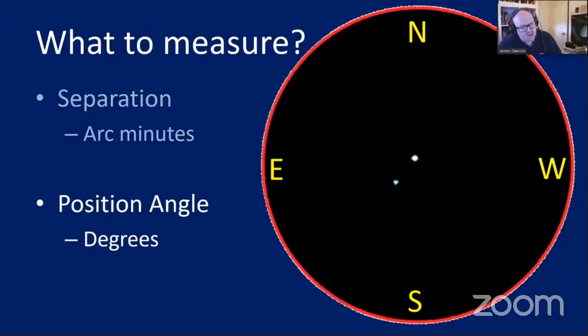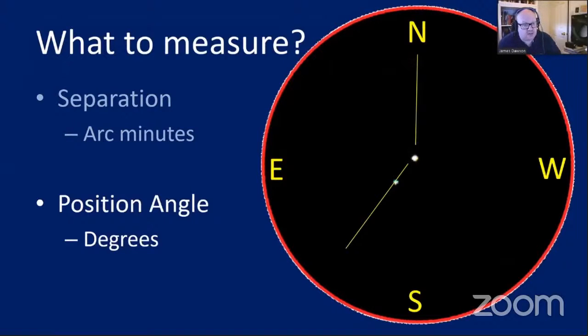And the other thing to measure is something called the position angle, or PA, and this is in degrees. And for this, we need to know where north is in the field of view. So if you were to push your telescope towards the North Celestial Pole, you'll see which way the stars move, and that is where north is. And what we need to measure is the angle, like a clock face, between north from the primary star and the position of the other star, and we have to go through east.